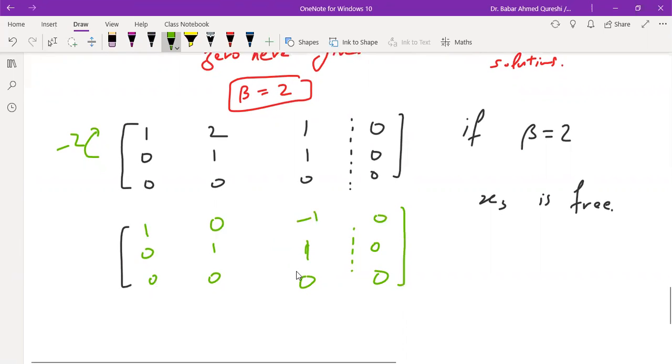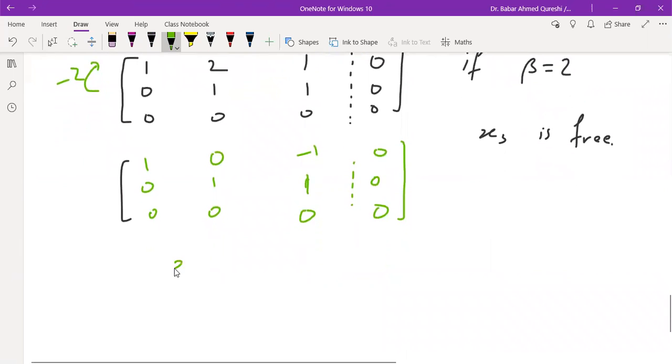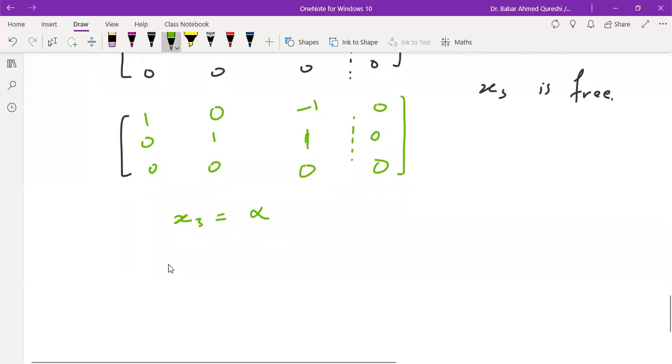So I have X3 is some fixed number, some any arbitrary number, let's call it alpha. X2 is minus alpha, and X1 is alpha.